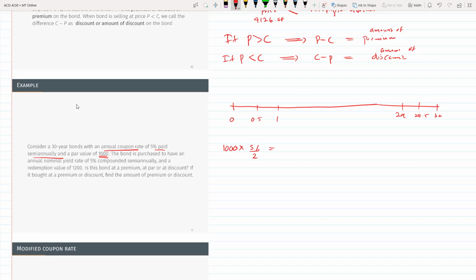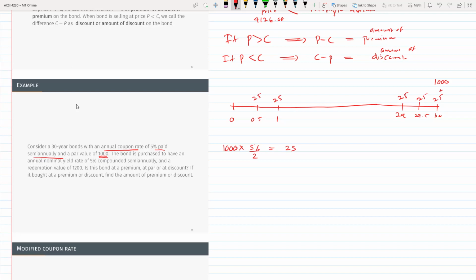So that would be 2.5%, which is 25. So you'll get a coupon amount of $25 every 6 months, and then at the end of the last year, the 30th year, you will get the redemption amount, which is 1,200.